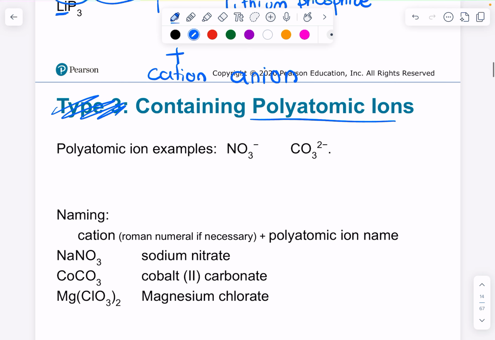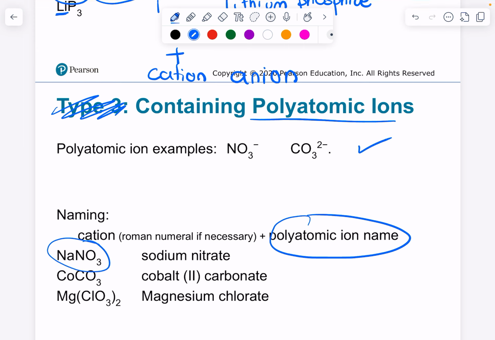Okay, so what's different about these? The main difference is that you just say the polyatomic ion name, you don't change the ending. So if we had NaNO3, well, let's do this example first. Oh, sorry, those are just examples of polyatomic ions, and maybe I need to be clear on that first. So a polyatomic ion is when you have a compound that has covalent bonds.